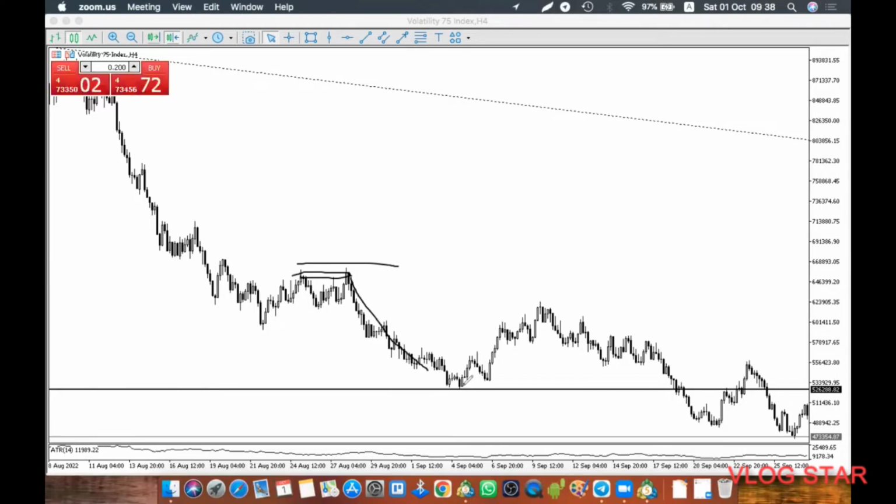Double bottoms, if I entered here, immediately it goes up. I don't have to wait. I don't have to worry and say, my market is in the red. I entered here, got profit immediately. I entered another double bottom, got profit immediately.